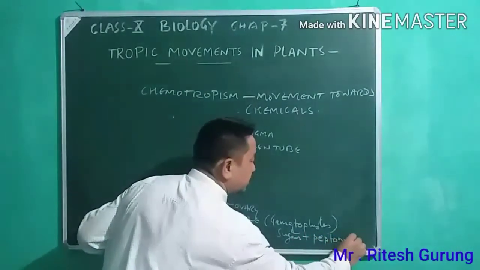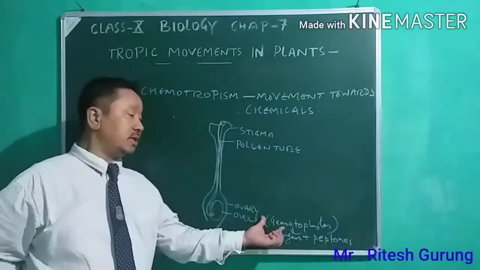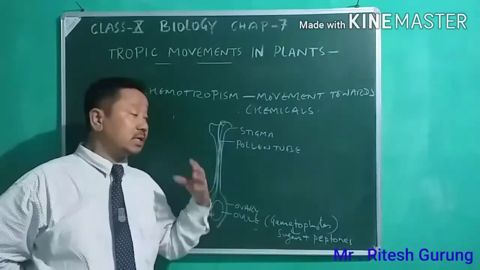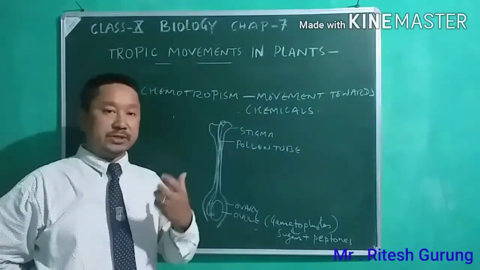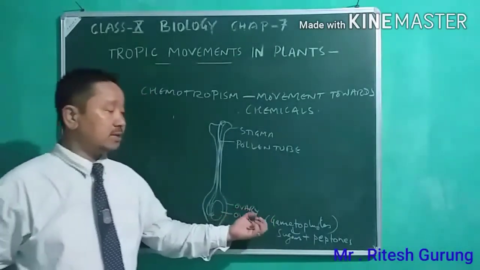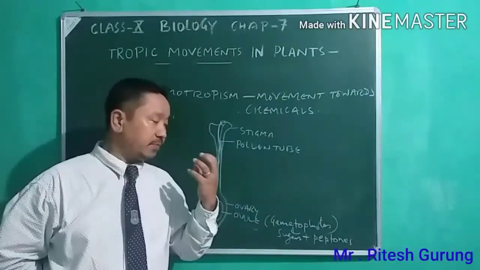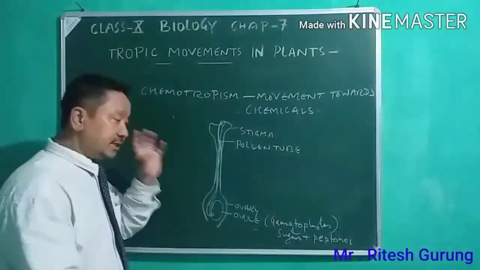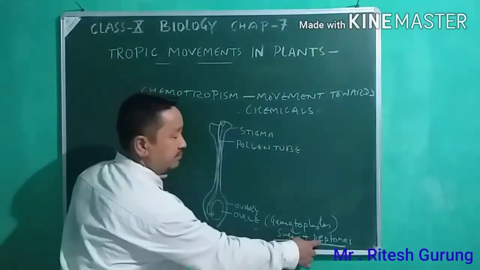The gametophytes are the sites responsible for producing eggs, which means it is a female site. They secrete two different kinds of chemicals, sugars and peptones.